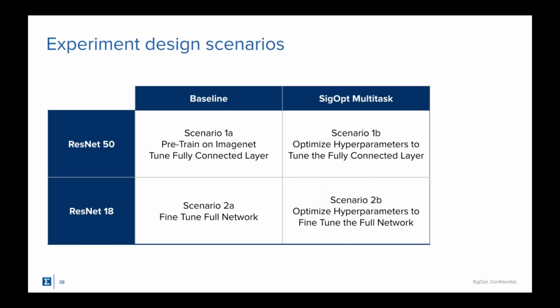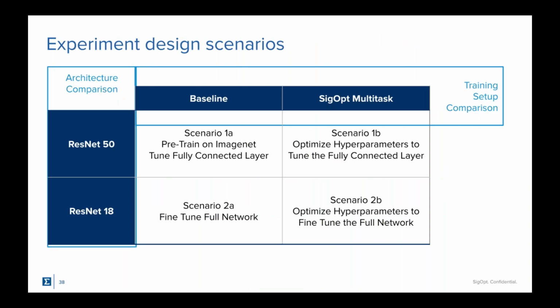In this specific example, though, what we're going to be looking at is various ways that you can tune ResNet. You could do an architecture comparison where you're looking at maybe ResNet 50 versus ResNet 18, a larger, more heavy-handed variant of the method versus a smaller architecture. You can also compare whether or not full fine-tuning is better versus only tuning that final fully connected layer.